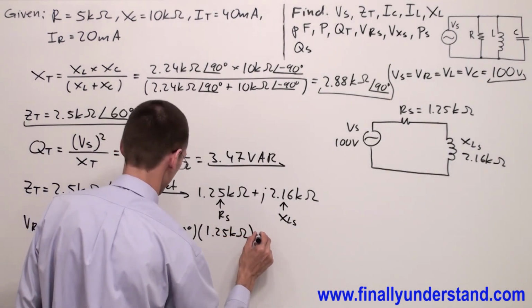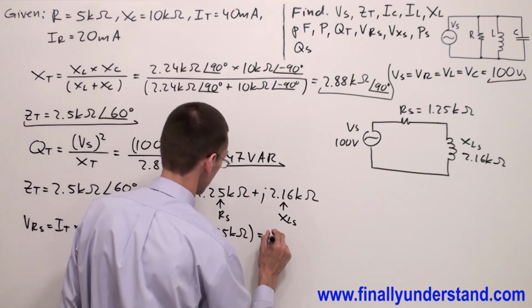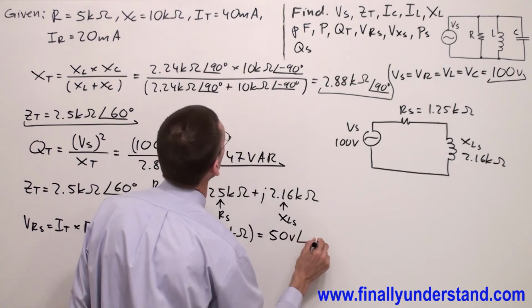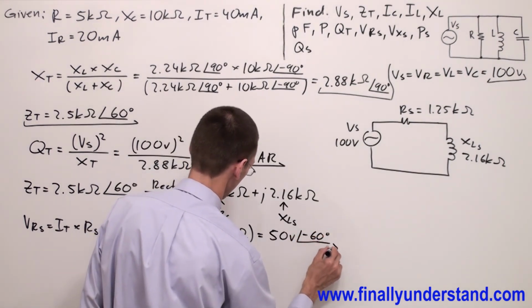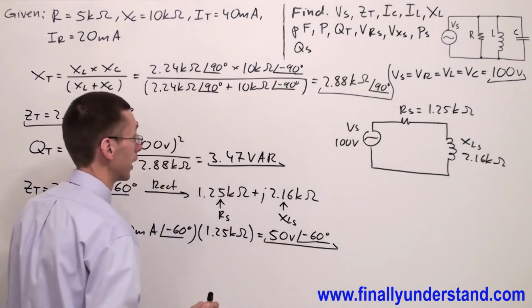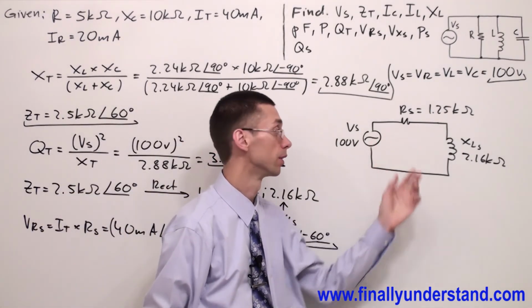This is equal to 50 volts and angle of negative 60 degrees. Okay, so this is the voltage across my resistor in the series equivalent circuit.